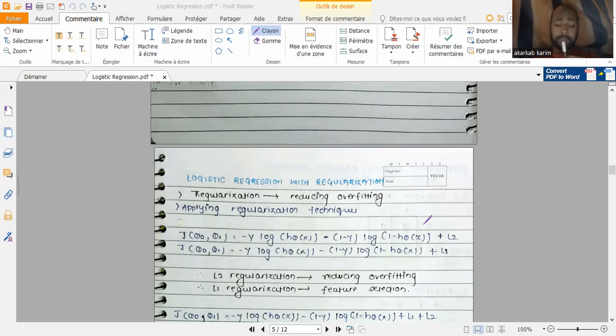At this time, we can face a problem called overfitting.